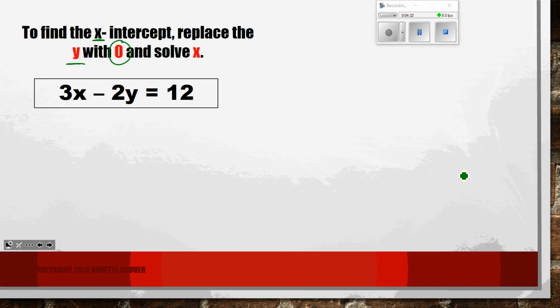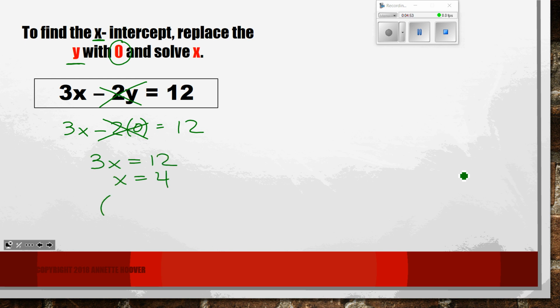Well, if we plug in 0 to y in this equation, you know that any number times 0 is 0, so this part of the equation basically goes away. So if we want the x-intercept, the y goes away, and we have a one-step equation. 3x equals 12. So x equals 4.